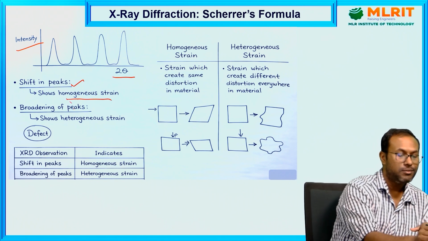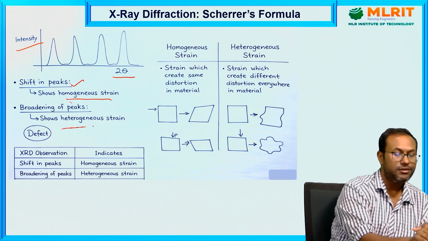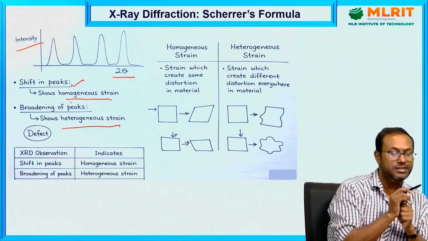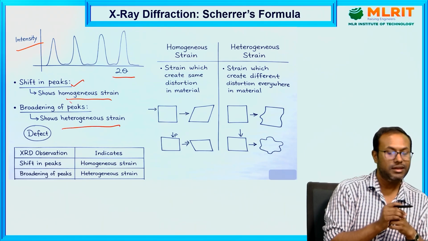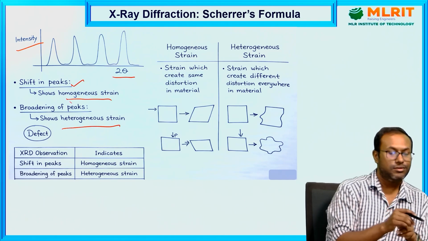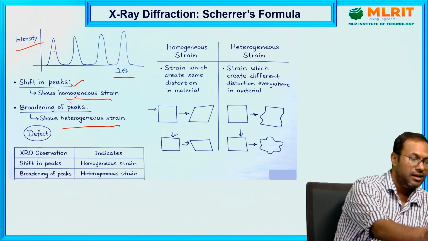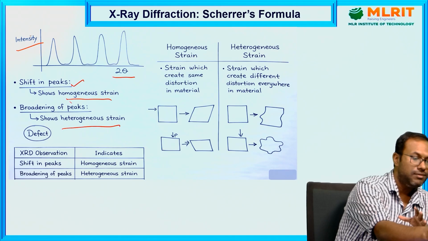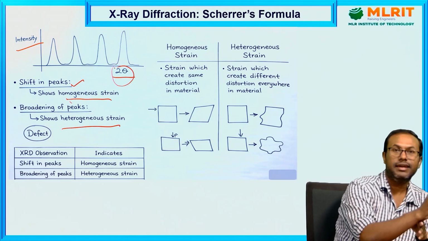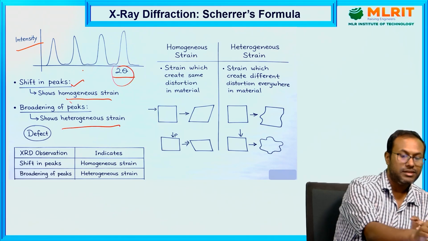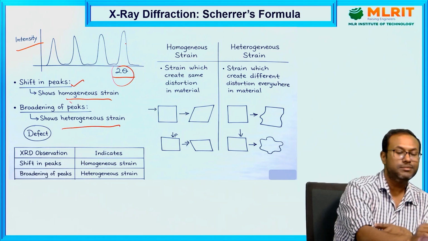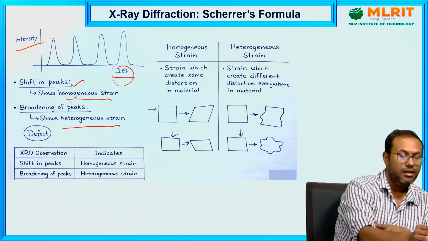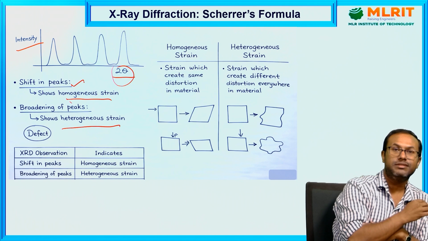If the peaks are broadened, that gives you heterogeneous strain. Now the question is, what is homogeneous strain and what is heterogeneous strain? We already discussed that we get the intensity of light as a function of glancing angle theta, from where the diffraction patterns are formed. The maximum peaks will come in those places. So from there we can get some idea about the homogeneous strain and heterogeneous strain.